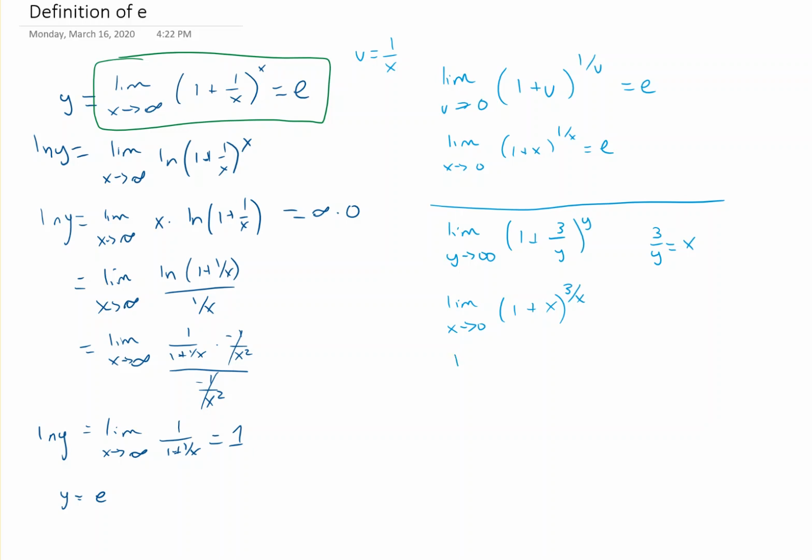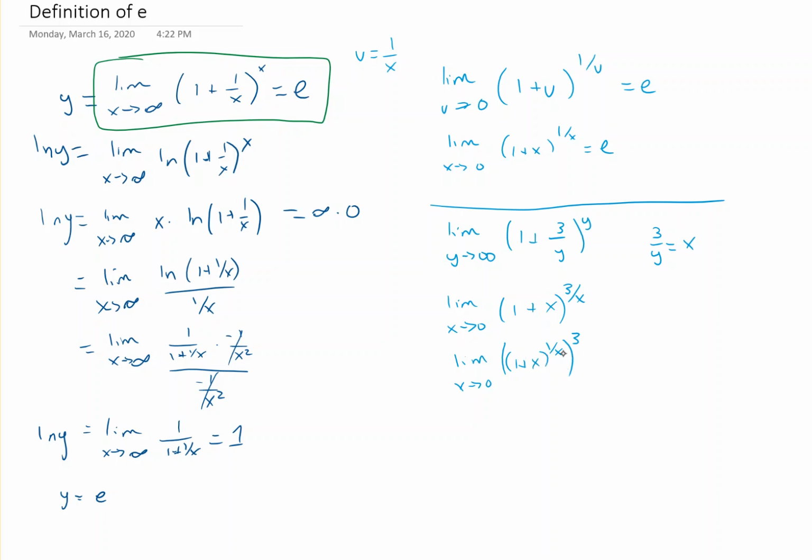And can I rework this a little bit? I think I can do this. Now, if you remember when we did limits, we talked about the fact that the limit of a product is the product of the limits. What does that mean? That means this is really the limit of something times something times something, right?